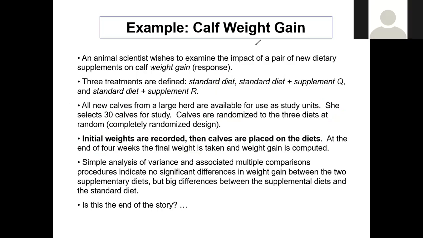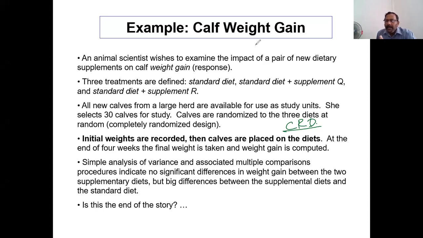CRD. CRD is the simplest design because we have 10 replicates for each treatment. We select randomly because all 30 have been kept at random. There's no priority, so it is a simple CRD.